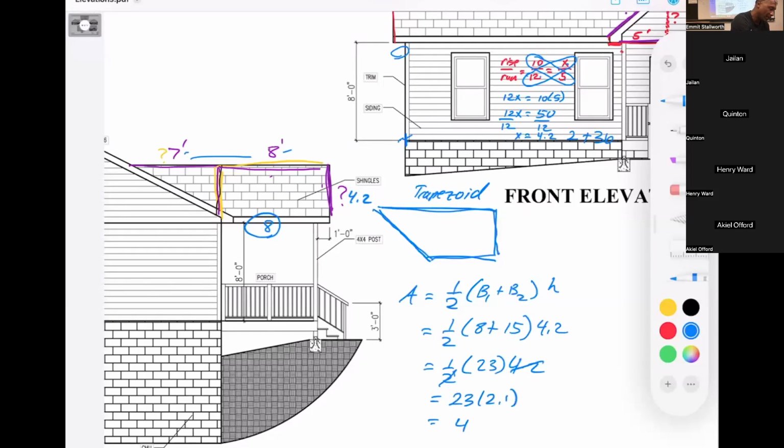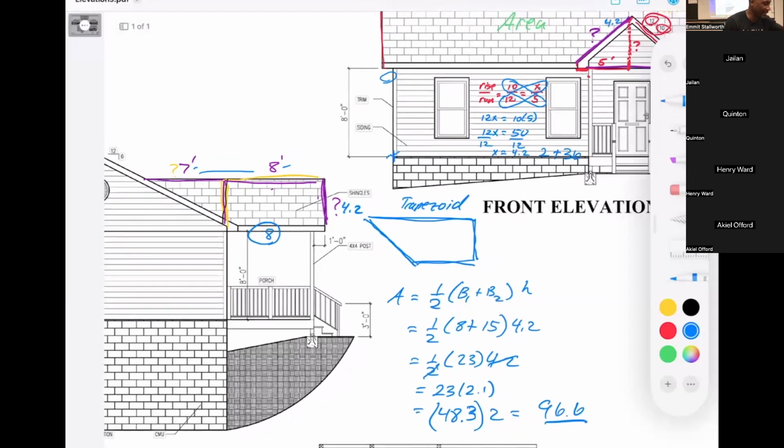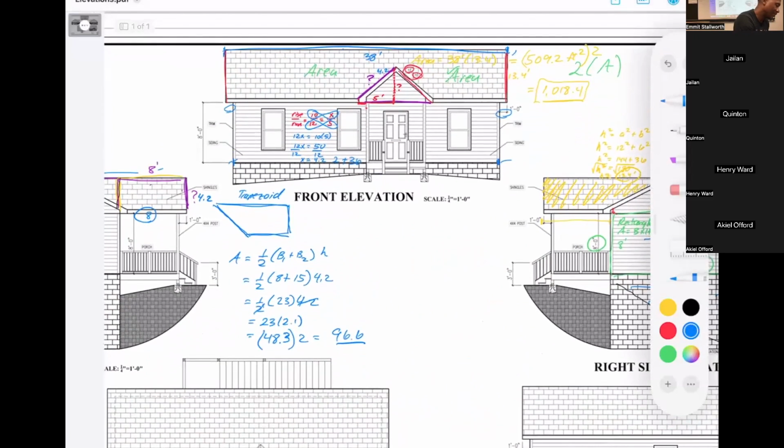It's going to be 48.3. And since I got two sides, I'm going to multiply this by 2. That's going to be 96.6. So I'm going to add this guy plus that guy.